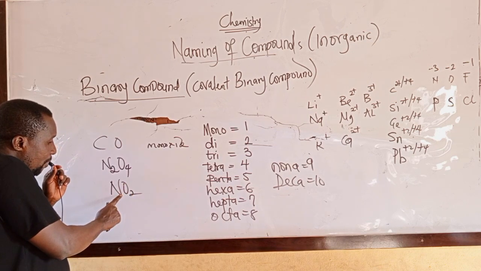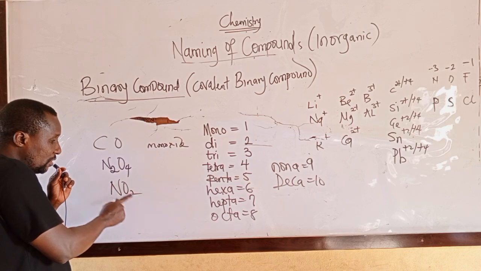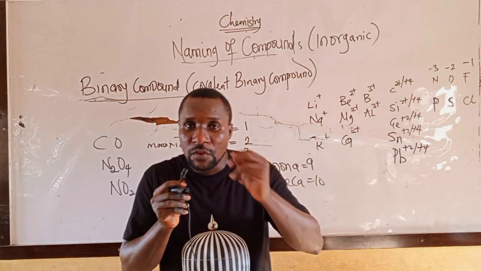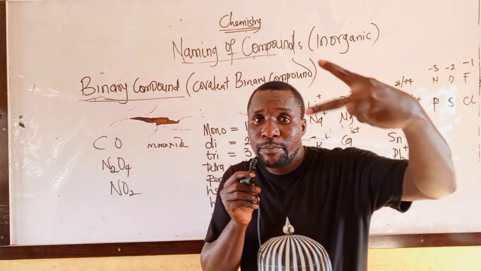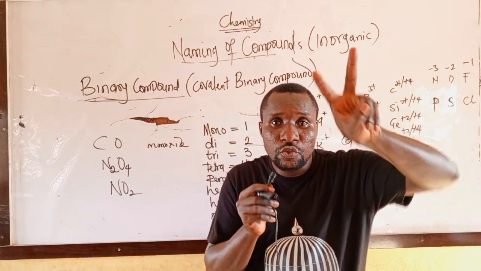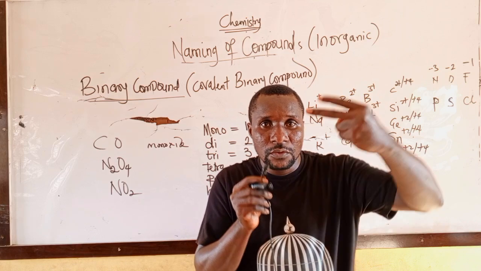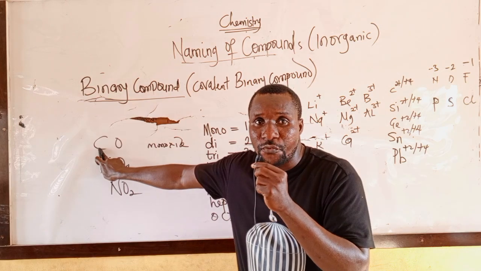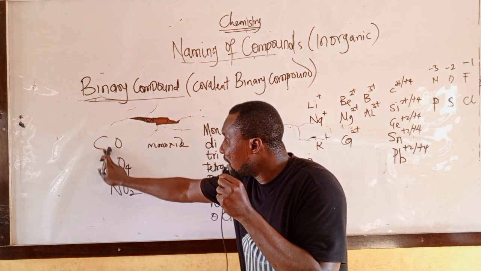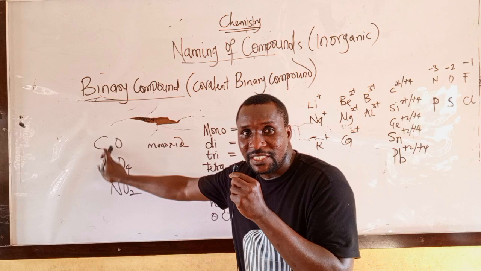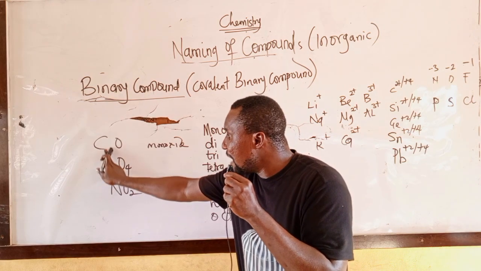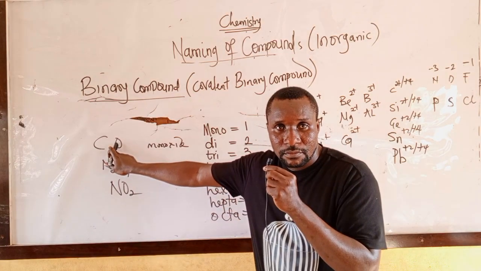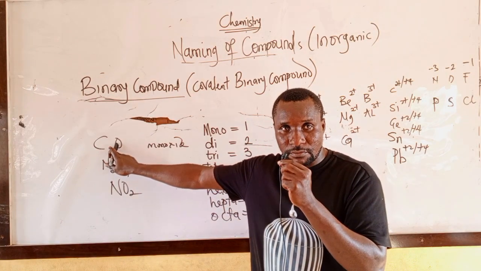Why didn't I say mononitrogen dioxide? The rule says when you have a binary compound containing two non-metals, if the first element has one atom, an atomicity of 1, with a subscript of 1, don't give it a prefix.